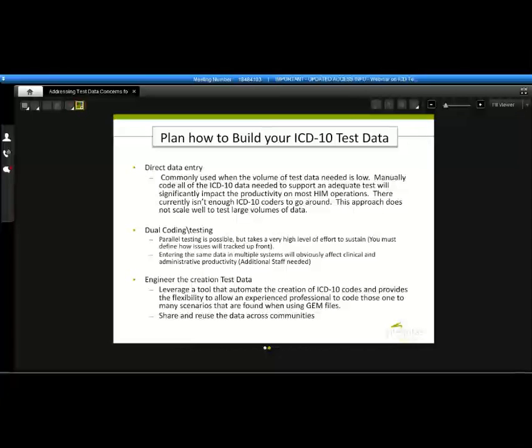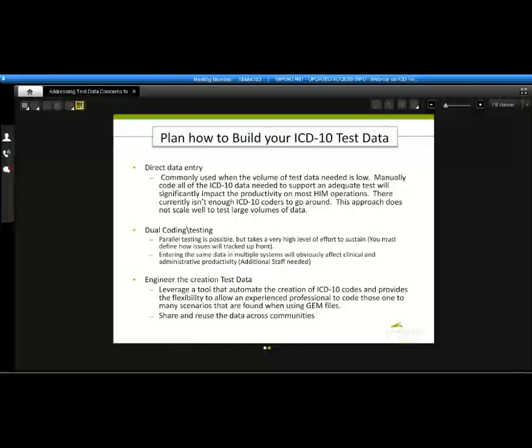The second approach that the industry has been talking about, and there are various opinions, and I'll share my thoughts on this, is the idea of dual coding or parallel testing, where you have a staff of people in the provider space who are administering patient care and are probably already maxed out from a productivity standpoint.